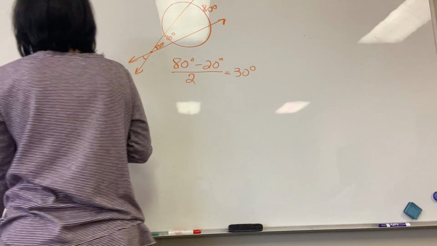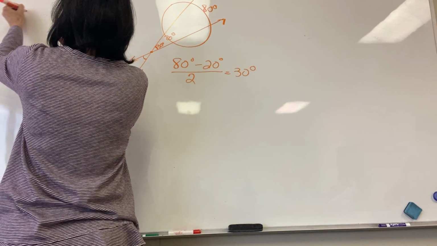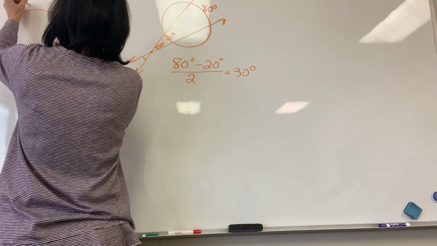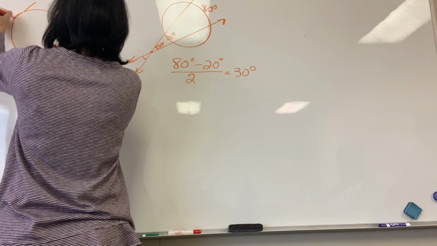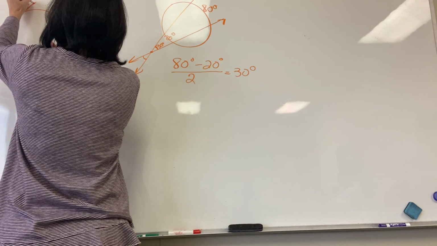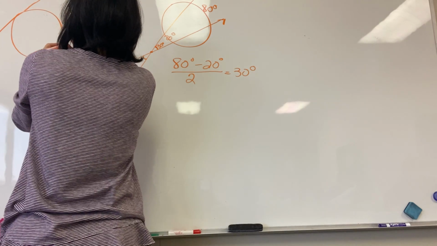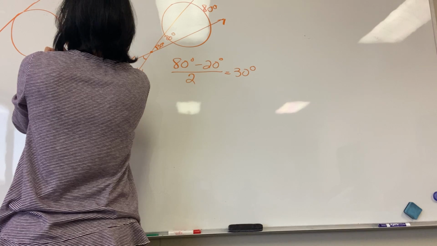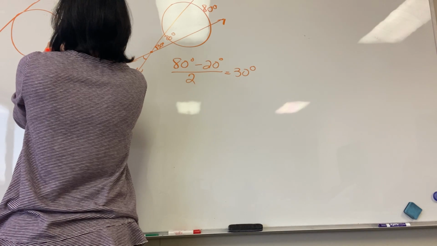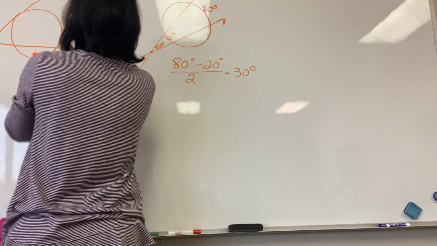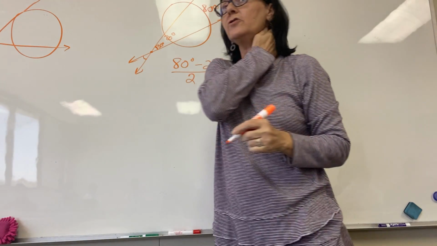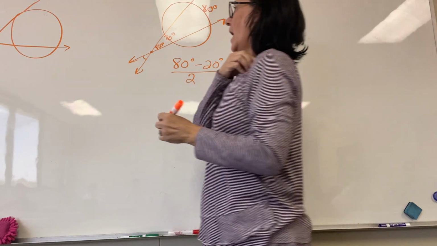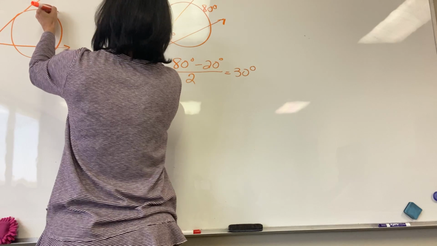So this is what we also just did in Algebra 2. So I gave a problem. It sort of looked like this, and then maybe like this. All right, those two lines are secants, right? I gave the measure of this one.